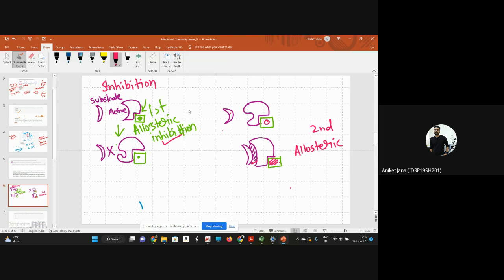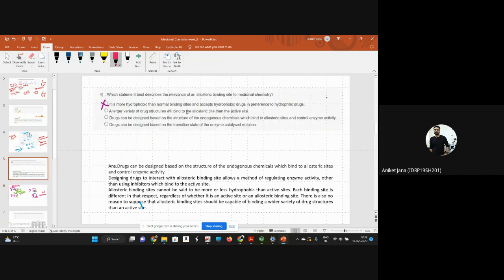It can also show an agonistic effect on the enzyme substrate binding reaction. Okay, is this clear to everybody? Yes sir. Okay, so now let's come back to our original question.